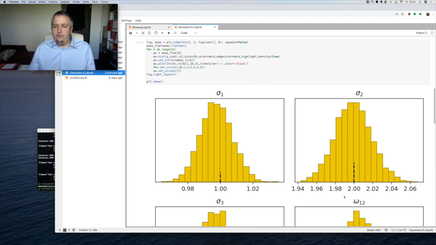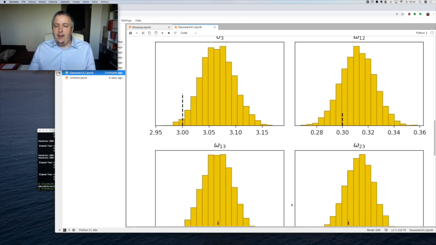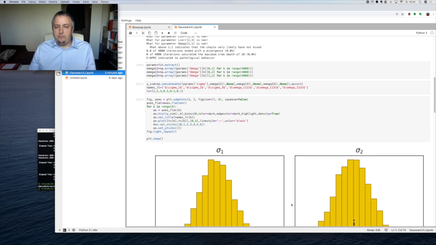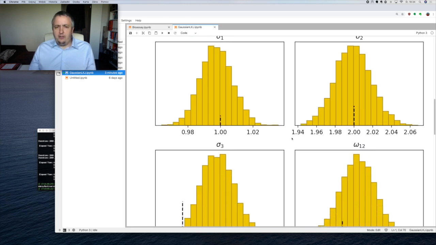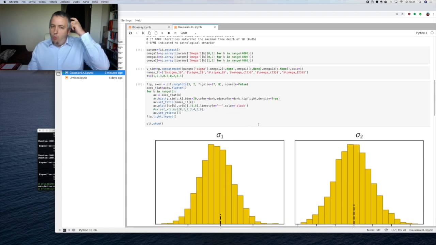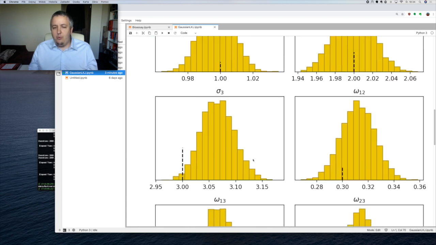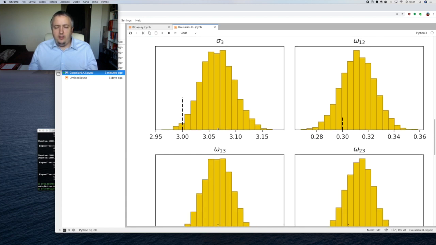With black, I've marked the true values of parameters, and here we can see what is going on. So our variance parameters are here. As you can see, they are rather well located in the center, even if the mean is not exact.